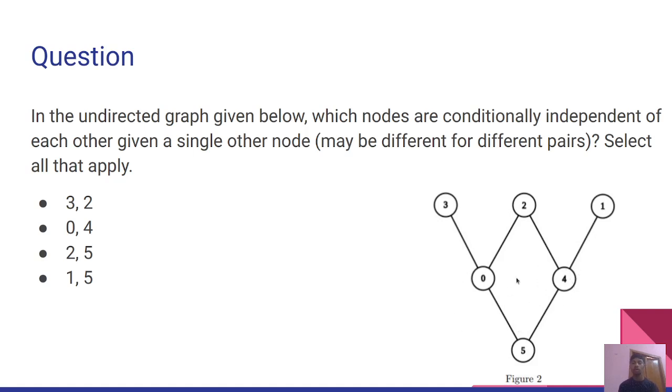Is there any node that we can block so that 3 and 2 are independent? Is it possible, and if yes, what is the node that we can block?